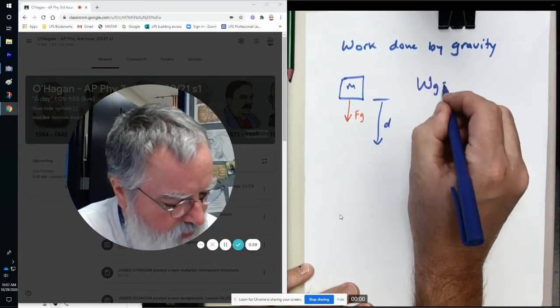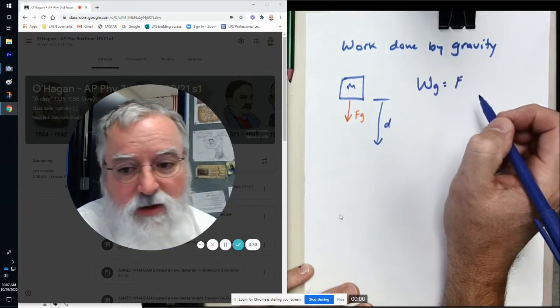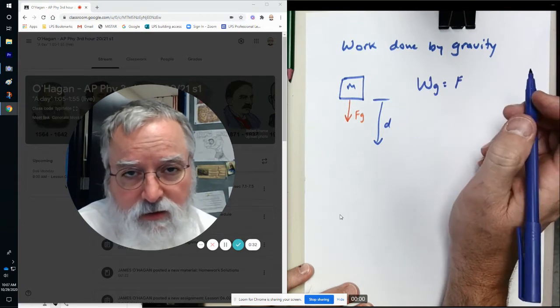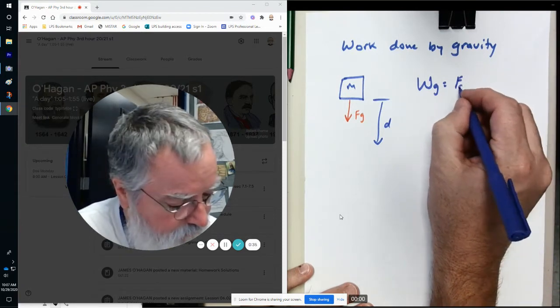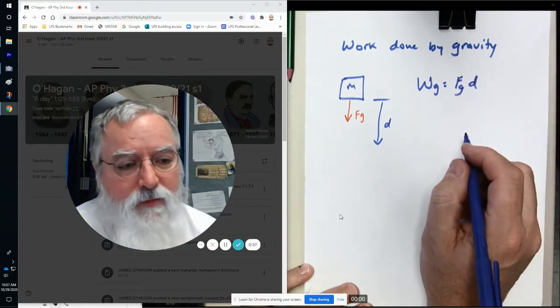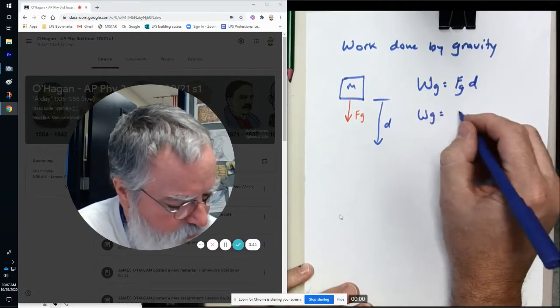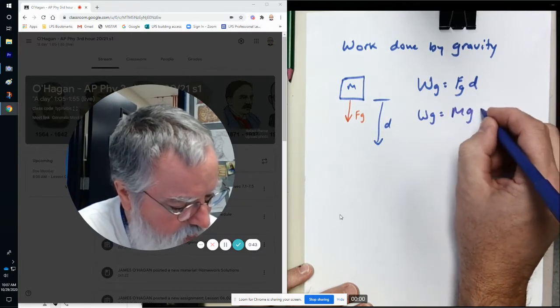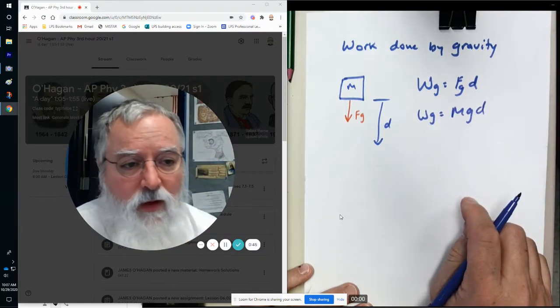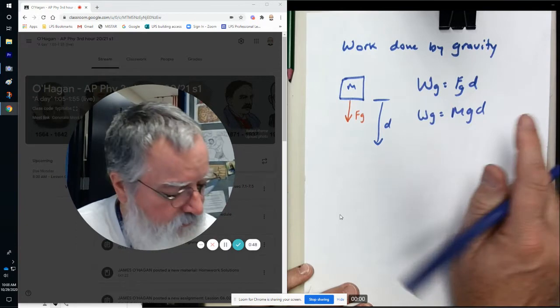Work done by gravity equals the force that's causing the displacement, the gravity force, times how far it went. So the work done by gravity equals force gravity, which is just mg, times d. So that's work done by gravity if falling.